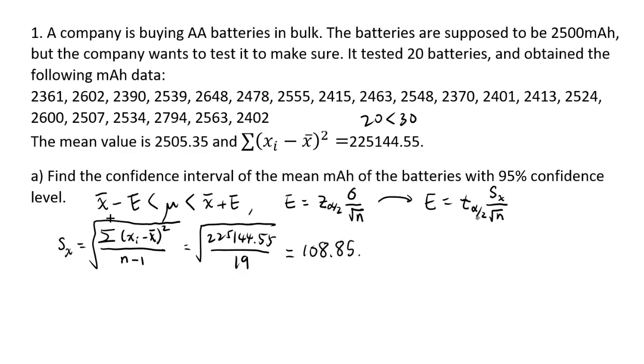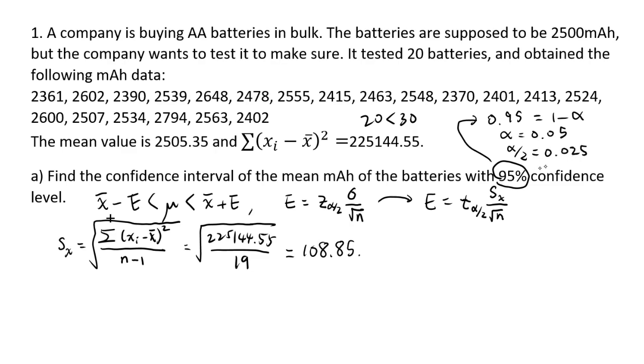Now we have to figure out t alpha over 2. To get t alpha over 2, you first need to think about what this 95% confidence level means. That means 0.95 equals 1 minus alpha, where alpha would be 0.05, and alpha over 2 would be 0.025.